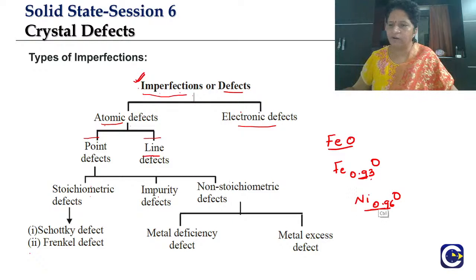So if the number of atoms is not as per the general formula, we call it a non-stoichiometric defect. A non-stoichiometric defect can be a metal deficiency defect or a metal excess defect. So let's take them one by one.